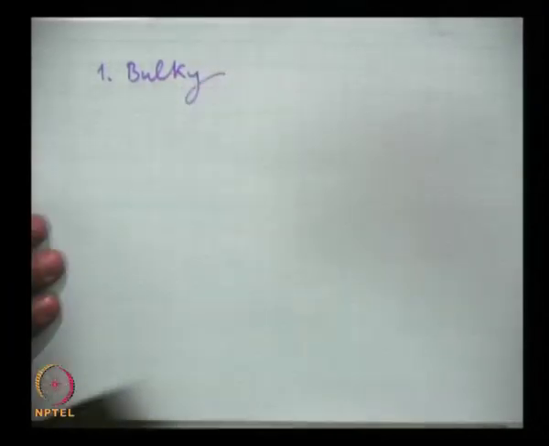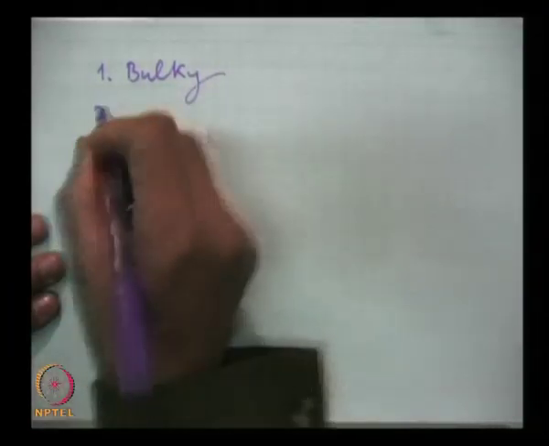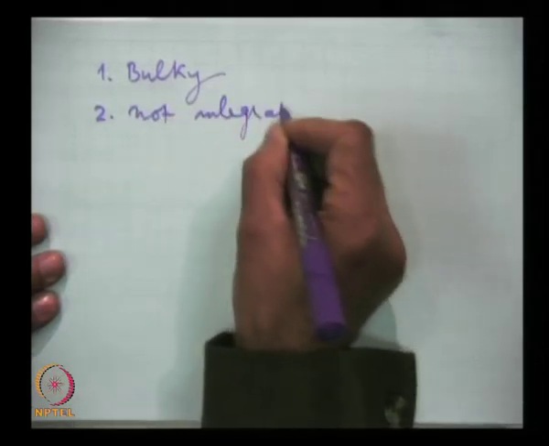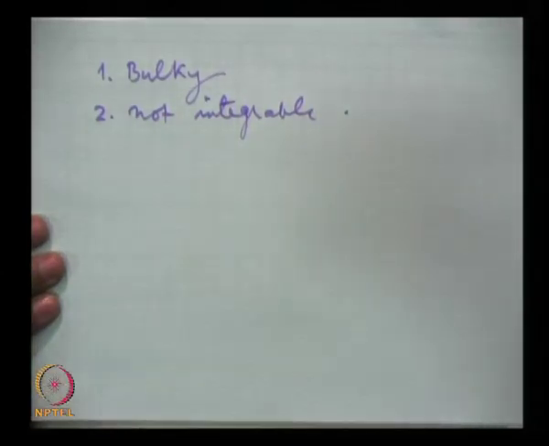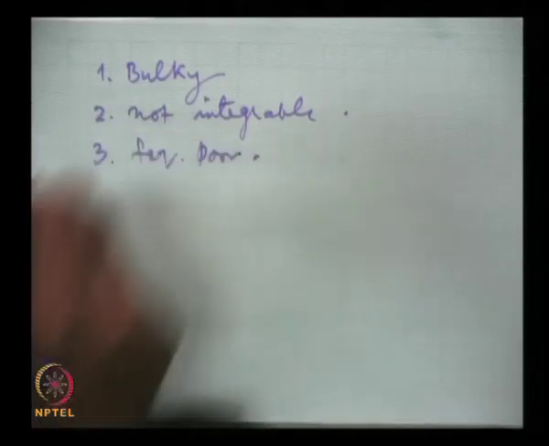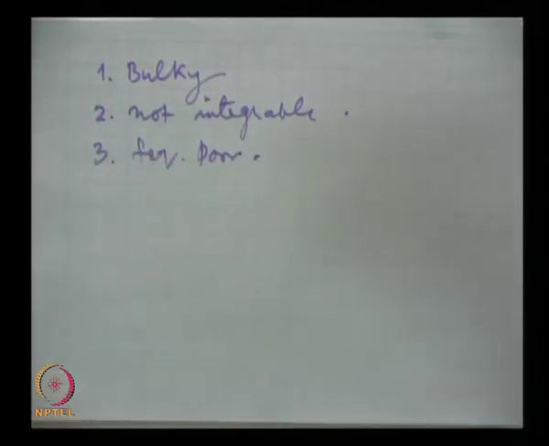One reason is transformers are bulky, they cannot be integrated, not integrable, and their frequency response in general is poor, and to have a high frequency response the transformer becomes very expensive. So, for frequency response poor, for these three reasons transformer coupling is not used, but few applications still are reserved.